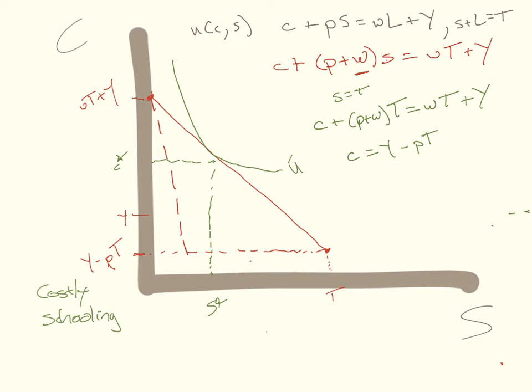So now, in this setting, when wages go up, there's a new intercept here. We'll call that, say, W low T plus Y. But that's still going to connect to the same point that we had before.